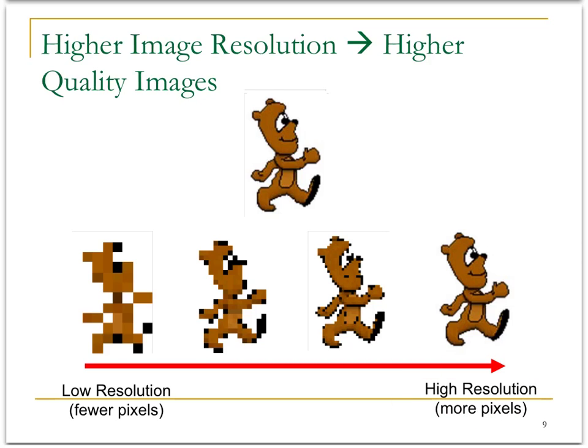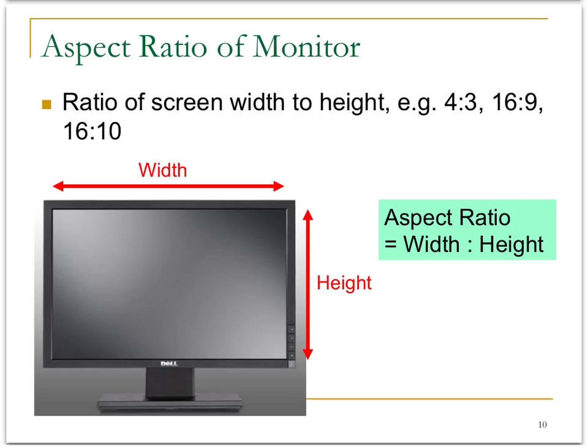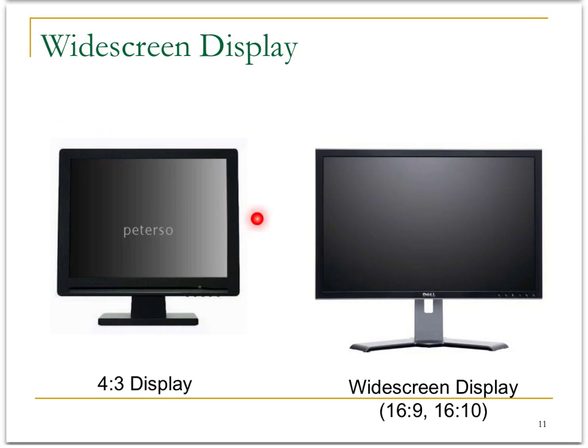Next we come to the aspect ratio of a monitor. It is the ratio of the screen width to height. For example, 4:3, 16:9, 16:10. In the past, almost all computer screens had an aspect ratio of 4:3, that is, a more square-like monitor.